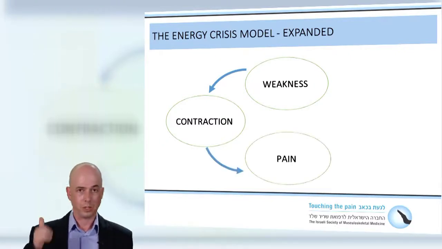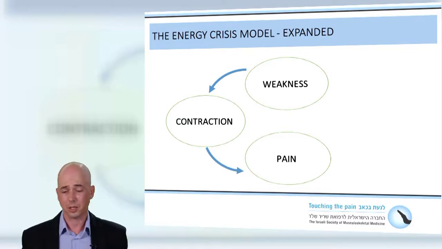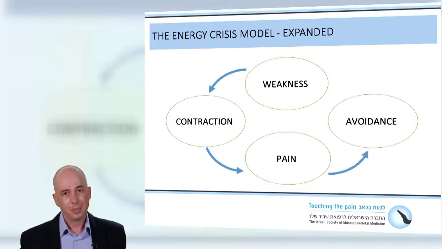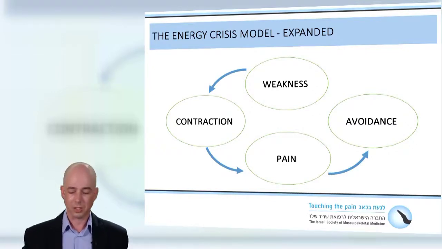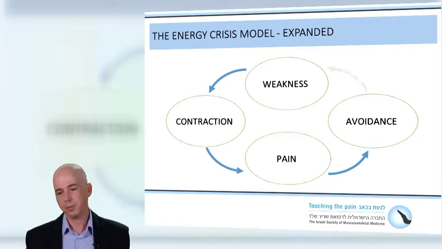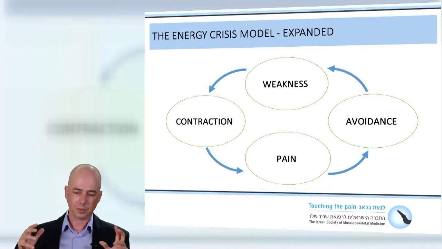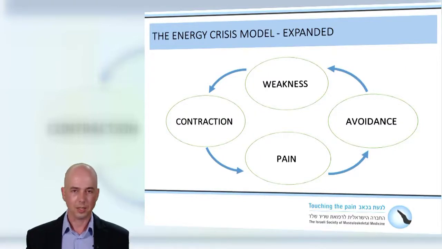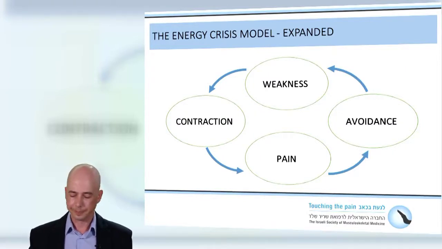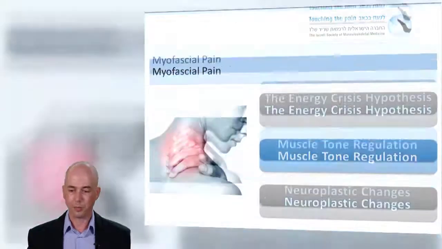This causes pain, as we saw before in the energy crisis theory. Pain may lead to avoidance, because patients who are in pain may avoid activity which increases pain, and avoidance over time will aggravate weakness. So this vicious cycle is a little bit more elaborate than the previous one.